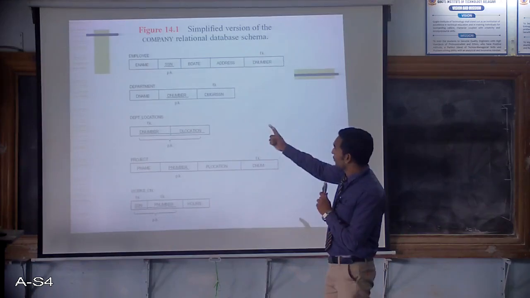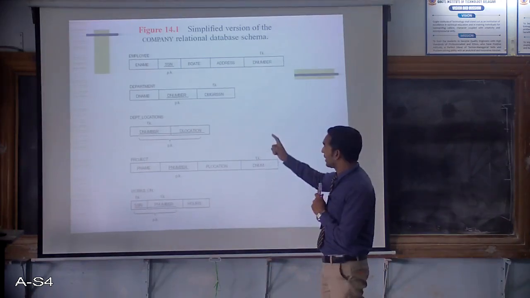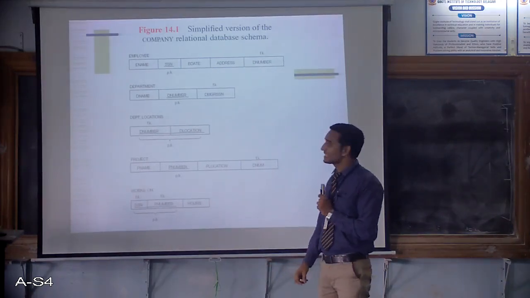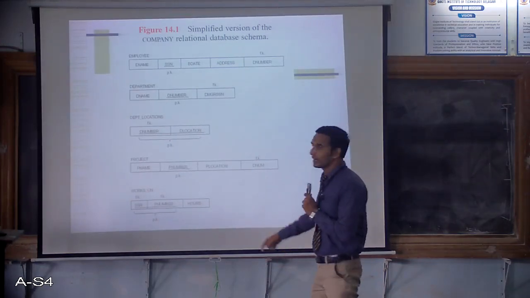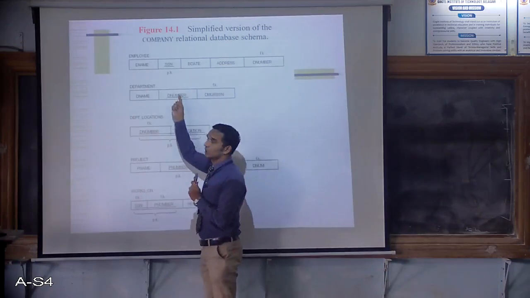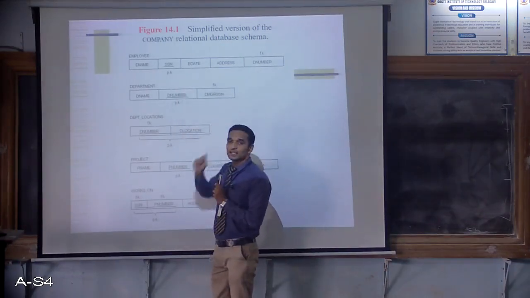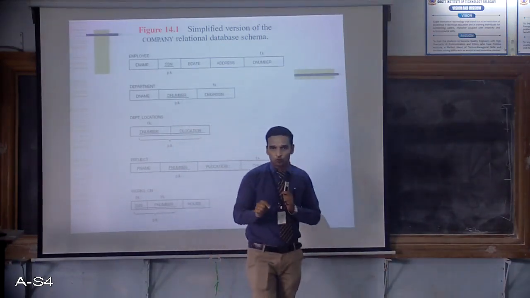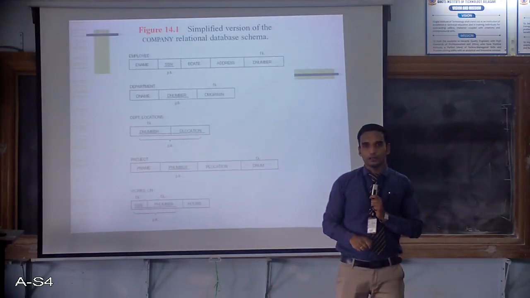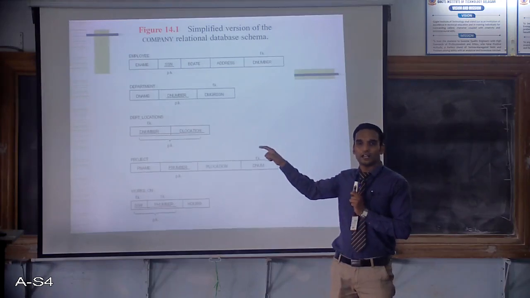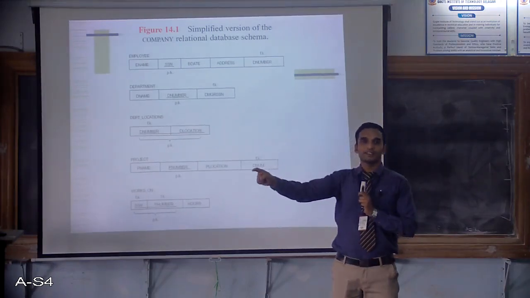Now for example, if you look at the table employee, we have employee name, SSN, birth date, address, and department number. Now if you look at these two tables initially, you can easily understand that SSN is a primary key. So the minute you underline it or write PK, it is understood by ourselves. That is, this is the key attribute which uniquely identifies the entire tuple.